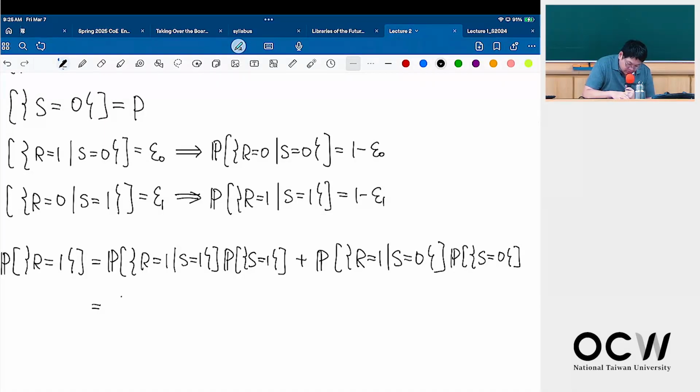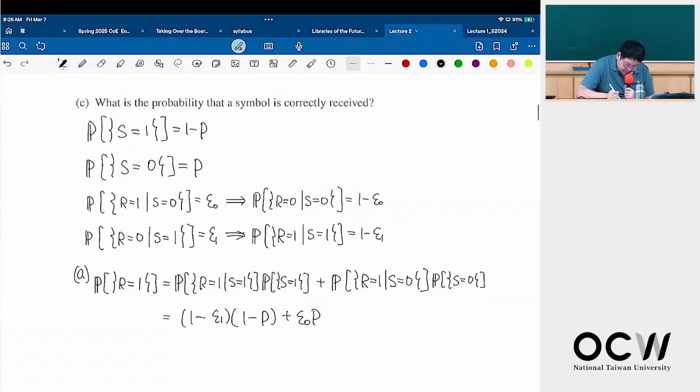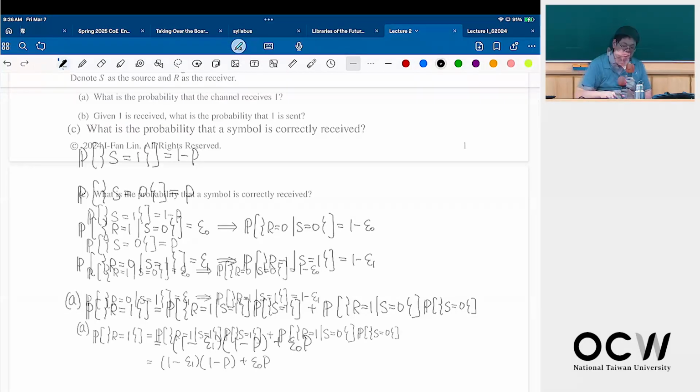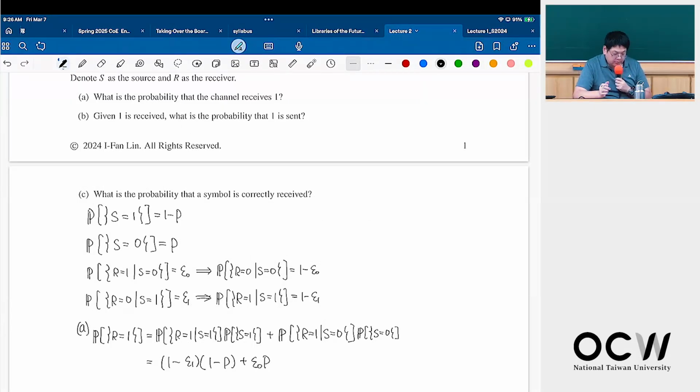Okay, so just plug in what we have: 1 minus epsilon 1 times 1 minus p plus epsilon naught p. Now we know the probability that the channel receives 1 is here.